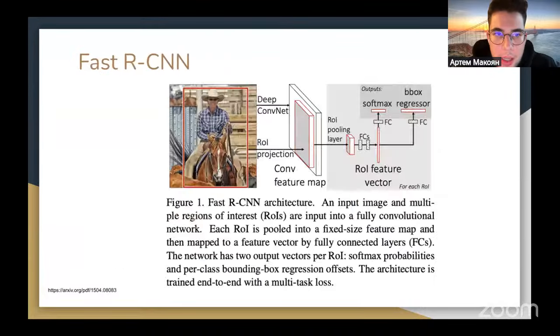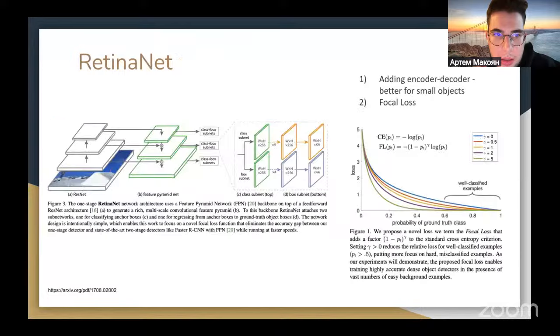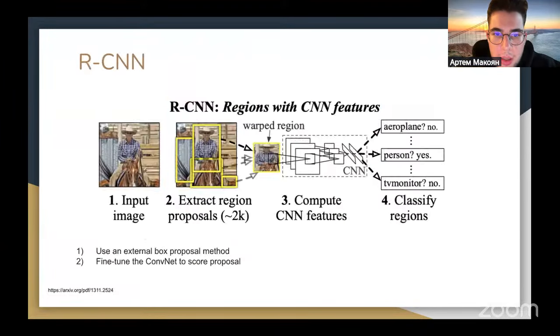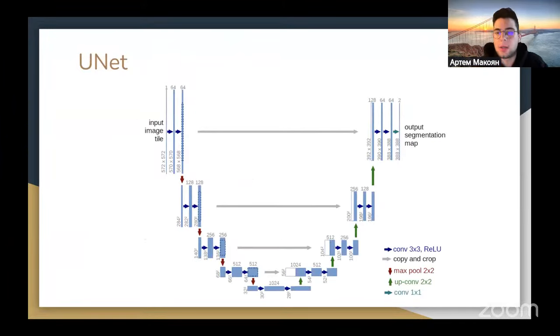Okay. And finally, let's talk about UNet. We discussed architectures for detection, but what about improving architecture for segmentation? It's a very, very popular model. It is used even now in many tasks.